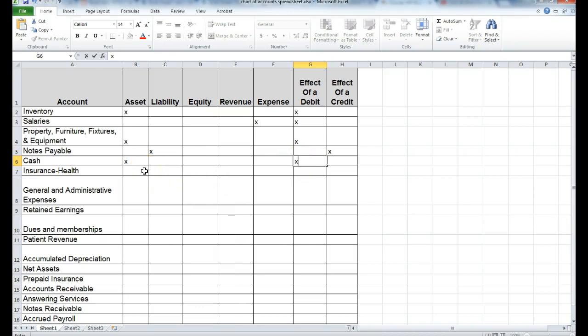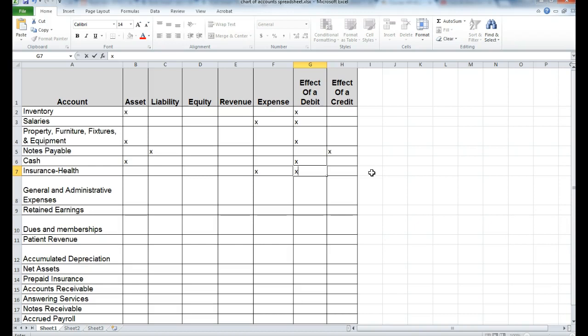Insurance, health. So health insurance is an expense of an entity. So we would click off expense, and we know that expenses increase with the debit. They reduce equity. Remember we talked about that, where expenses reduce equity, revenues increase equity. Equity is on the right-hand side, and so increases on the right-hand side.